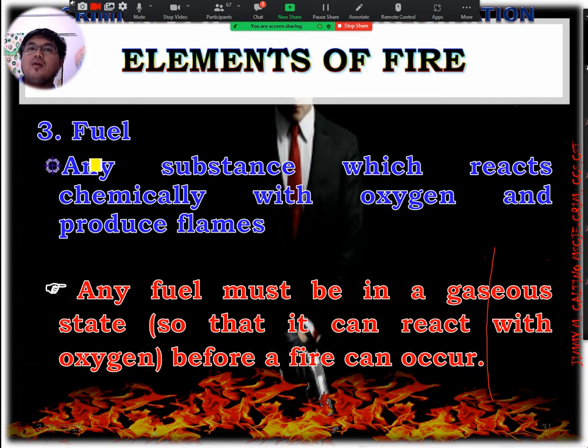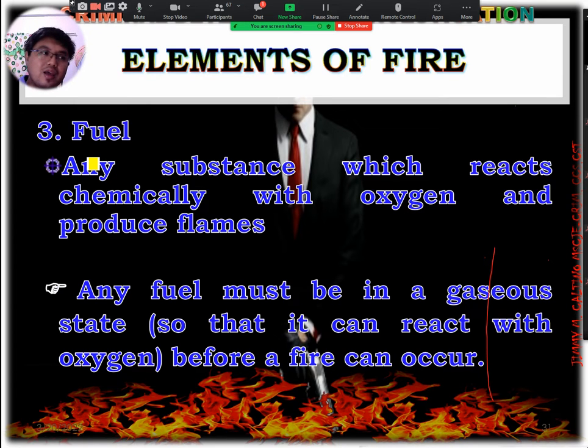Lahat ng mga bagay, bago natin sunugin, may it be solid or liquid, it must convert itself as a gas first. Kaya nga yung lighter, makikita mo yung lighter from liquid form. Okay? Yung flame hindi dugtong mismo sa liquid. So yung liquid, ibig sabihin, it must transfer itself to be a gas, then it will produce fire.